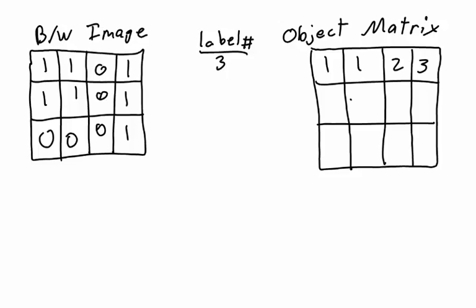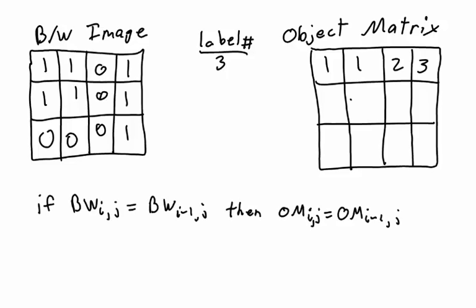So if the black-white element IJ is equal to the black-white element I minus 1, that's the last row, column J, then the object matrix row I, column J, is equal to the object matrix row I minus 1, column J. Else, the object matrix number in row I, column J, should be equal to the next label number.